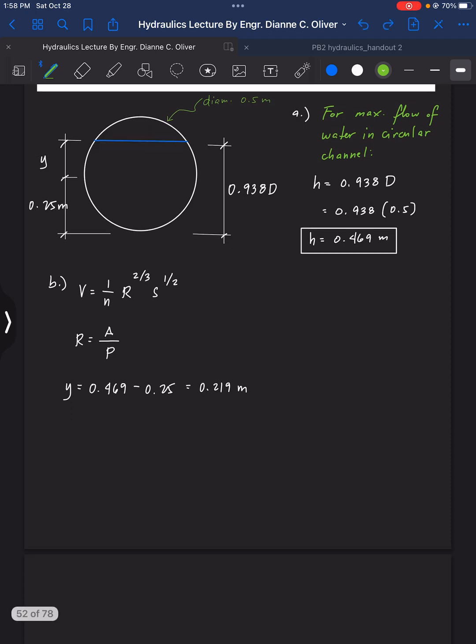This is the center of the circle, forming a triangle. So we cut it in the middle. This is our alpha.